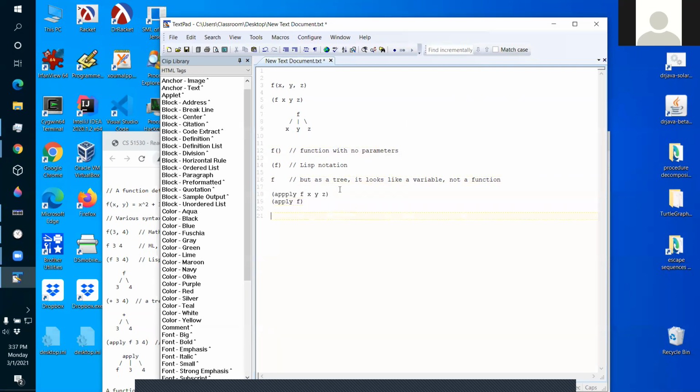But here's even a better reason. If I wanted to, I could make this work. What I would do is every time you look up a variable, you'd have to ask, is the variable a function value or is the variable a number value? If the variable is a number value, return the number.